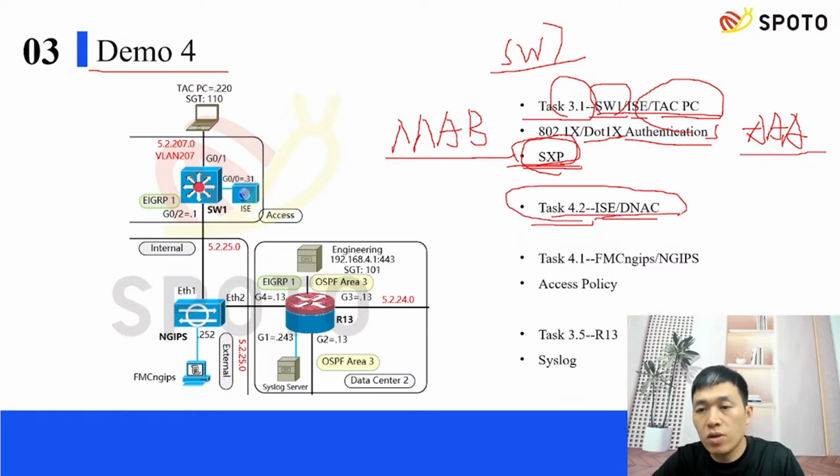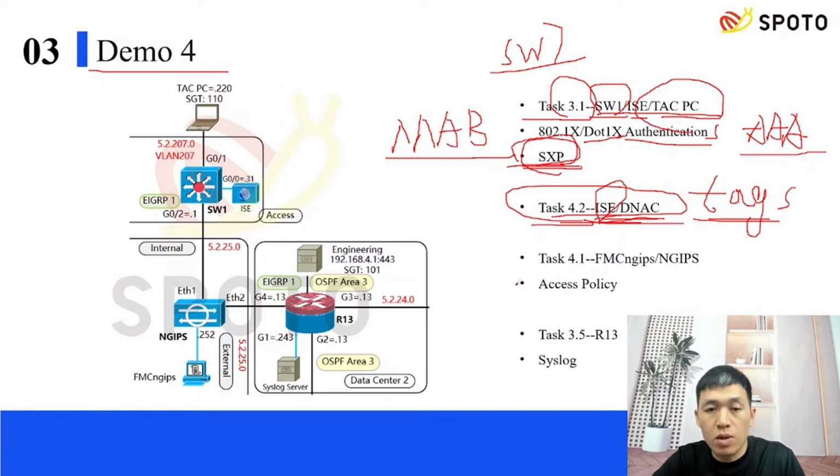We will create secure group tags on DNA Center, and then DNA Center will push the tags into Identity Services Engine to make it work.